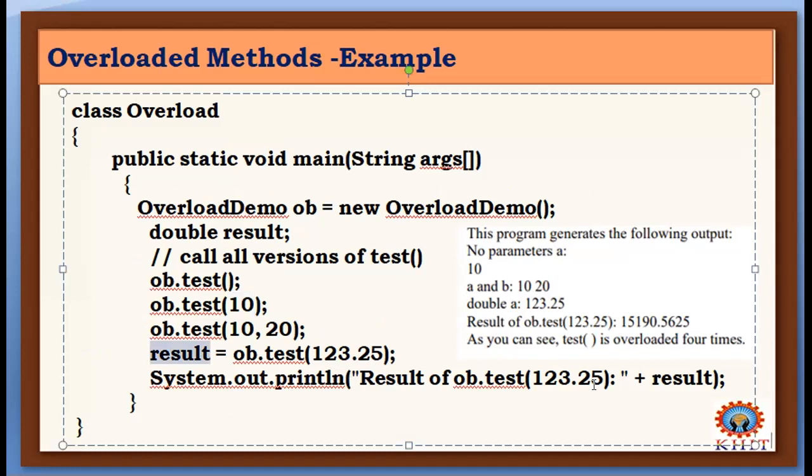Then System.out.println will print the result of that value and display it. Okay. So you can see here the output of the program.